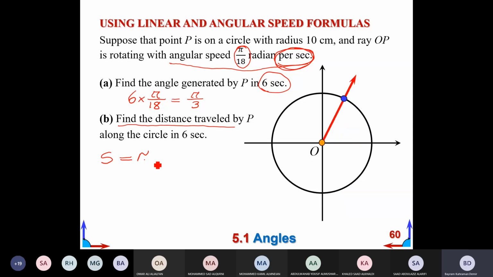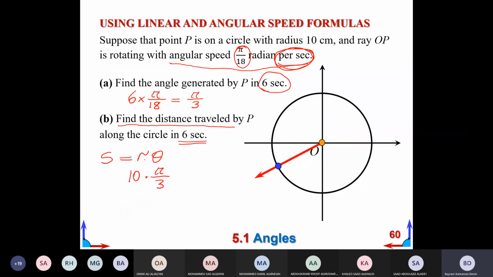The radius is given as 10 centimeters. And theta in 6 seconds, how much is theta? Pi over 3. So after 6 seconds, we will have pi over 3 radians.